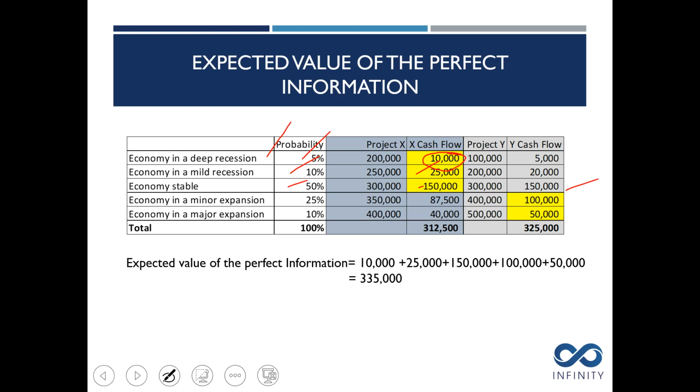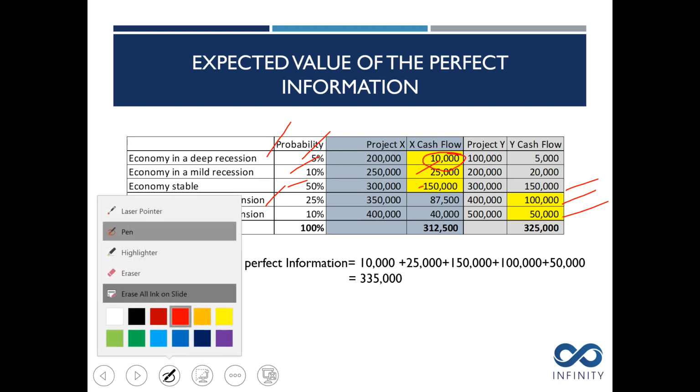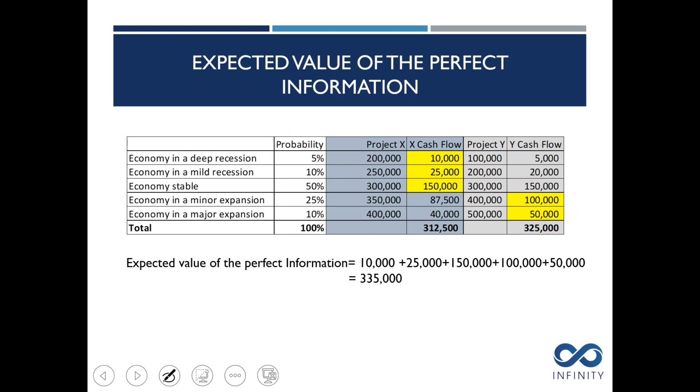When it is in minor expansion, project Y is going to give you better cash flow. When it is major expansion also, project Y is going to give you better cash flow. So if you add all these highlighted values, you will get a value of 335,000. This is the expected value with perfect information.